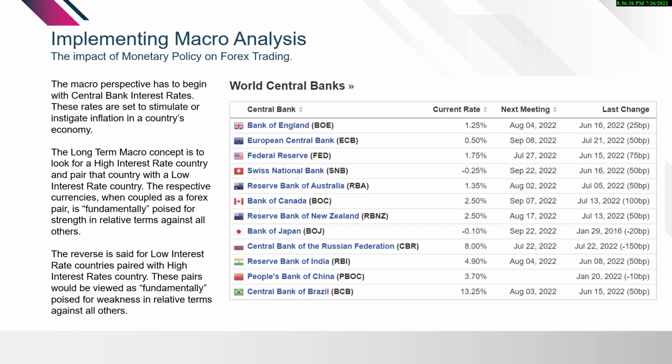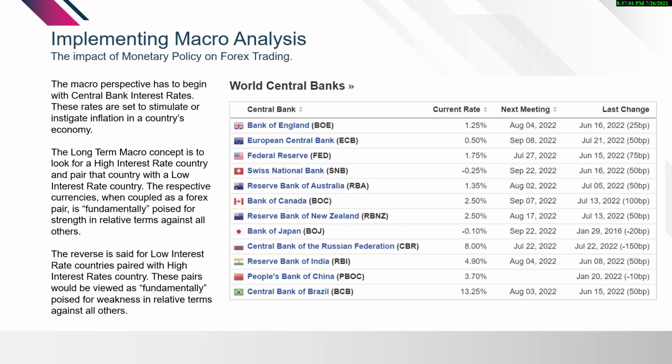So the long-term macro concept is to look for a high interest rate country, and then you pair that country with a low rate country. What that means is the respective currencies, when they are matched together now as a forex pair that you can trade, we can clearly define it as fundamentally poised to strengthen in relative terms against others.